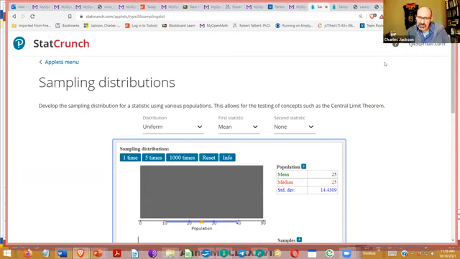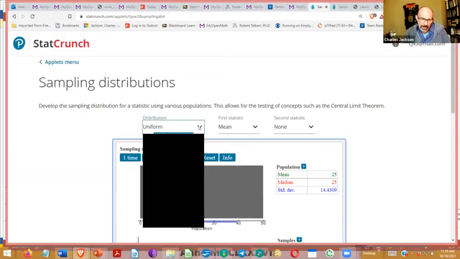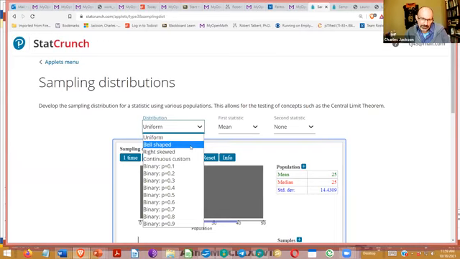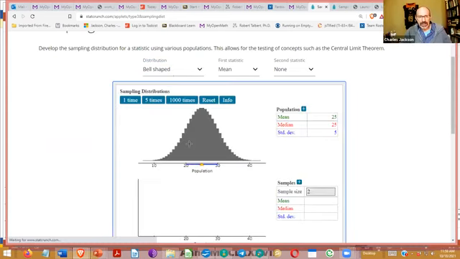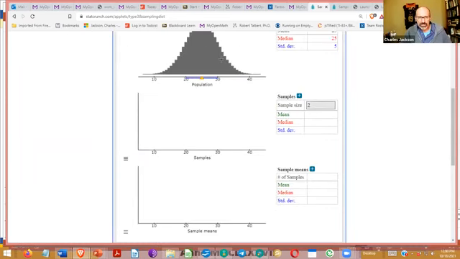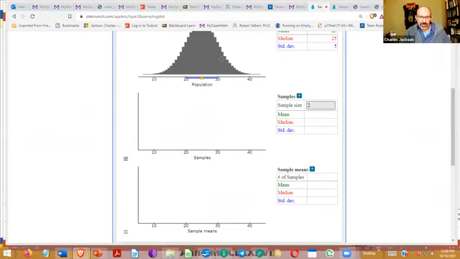What can we say about that distribution? Here's how we get that distribution. Let's start with bell-shaped. This is where we're going to get this new distribution, which is derived from the old distribution.